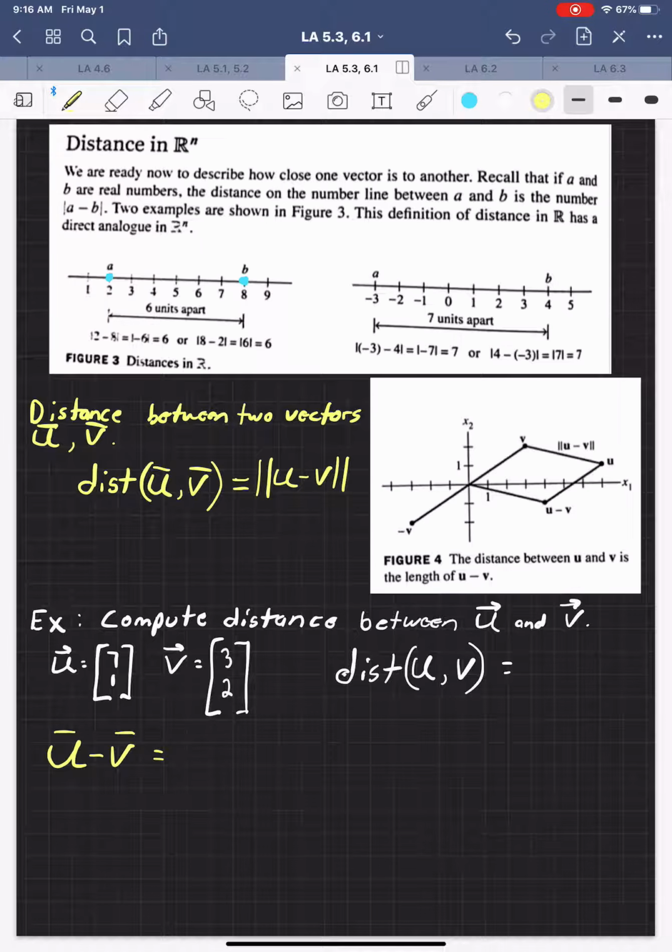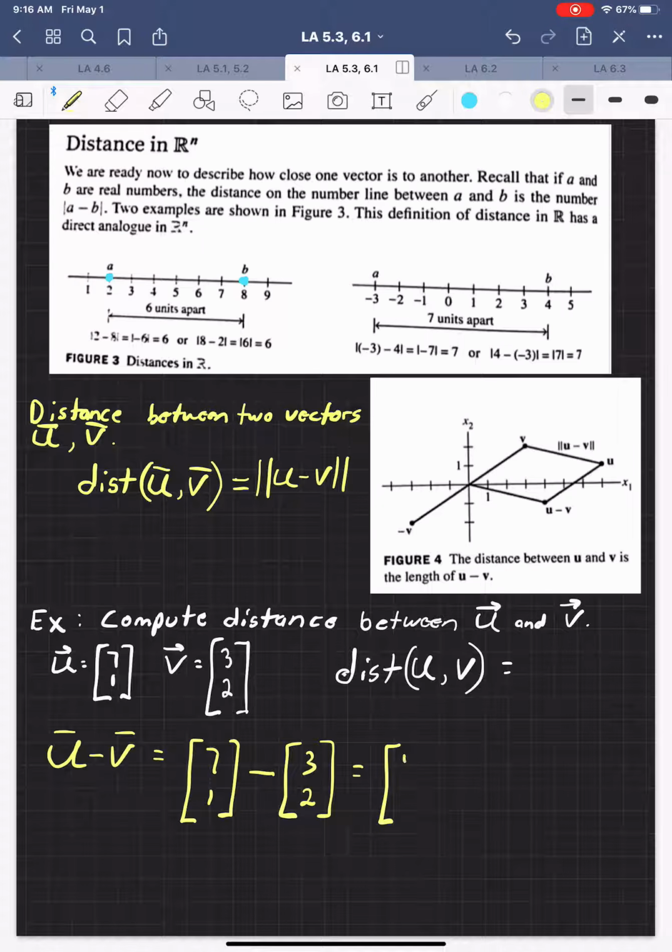So u minus v, that would be u is 7,1, v is 3,2. So u minus v, 7 minus 3 is 4, 1 minus 2 is -1. So this right here is the vector u minus v. Now what I want is the magnitude of that vector.